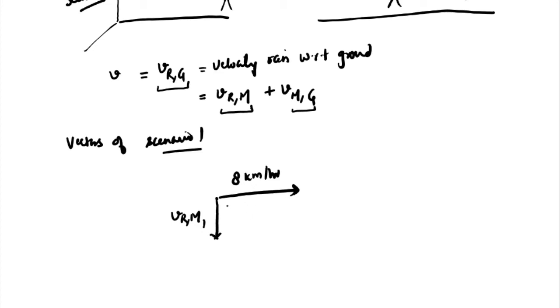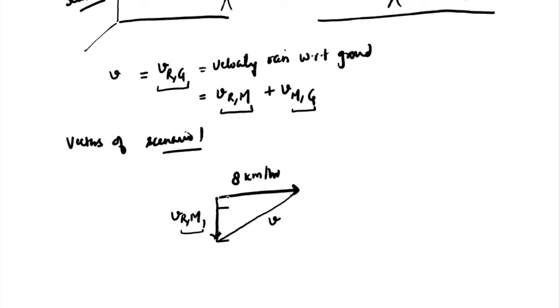So the vector rule of addition says if this is the final vector, then it has to be obtained in this manner, that when you add two vectors, that should give us the resultant vector. So if this is the vector for the speed of man, and this is the vector for the speed of rain, the actual rain, then this is how we would be able to get the resultant vector as it would be observed.